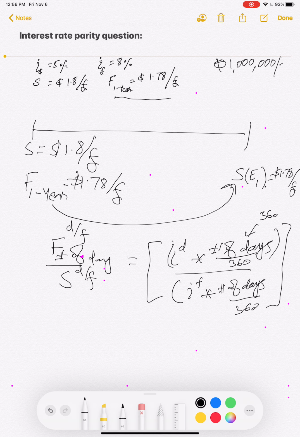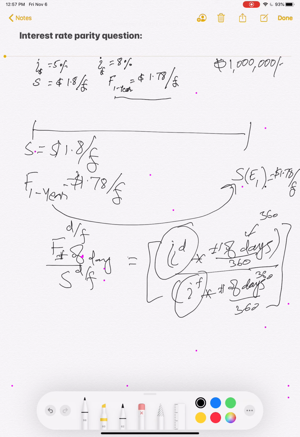So 360 divided by 360, and over here also 360 divided by 360, will give us 1. So all we will be left with is the interest rate in the domestic country and the interest rate in the foreign country. Now let's plug in the numbers and see if the right hand side of the equation is equal to the left hand side or not.